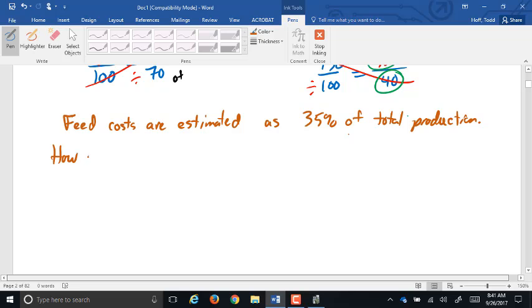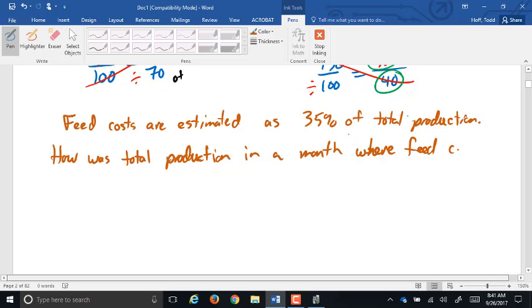So how much was total production in a month where feed costs were estimated at $10,850.